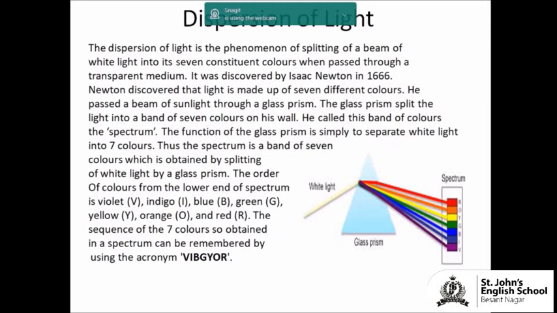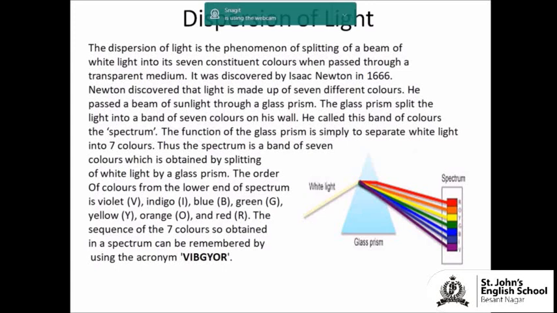Okay. Next, we will see the dispersion of light performed by Newton's experiment. To understand the meaning of dispersion, let us repeat the activity which Newton first performed in 1665.